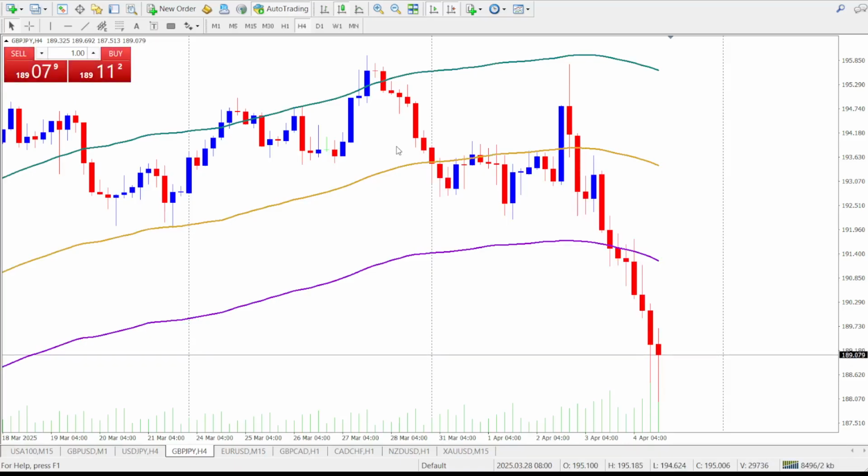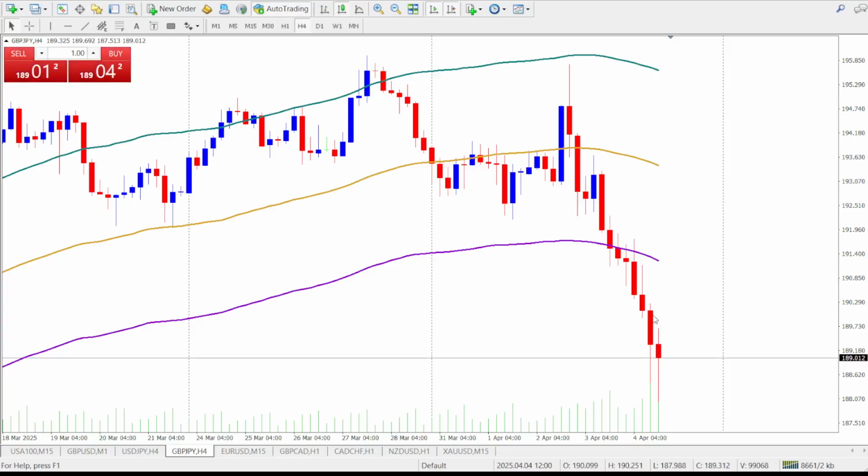Now let us start with a quick overview of what the ATR Bands Indicator actually is. The ATR Bands is a technical indicator for MetaTrader that uses the average true range to measure volatility in the market.